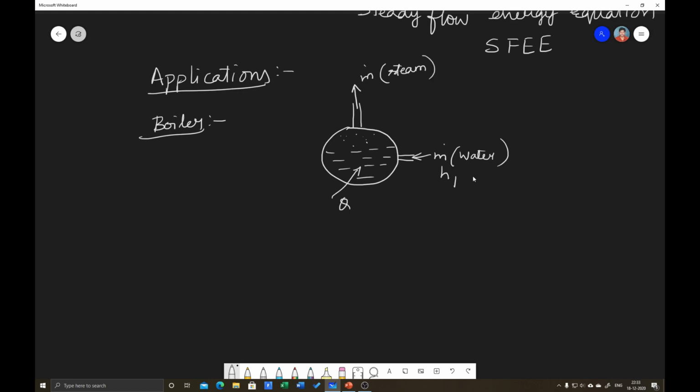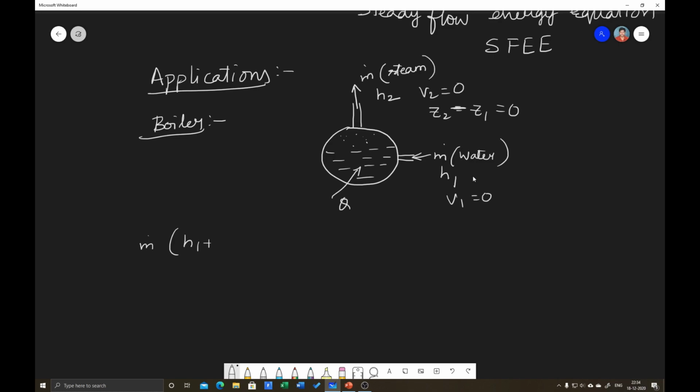The same flow rate will be there for both water and steam, and the enthalpy will increase due to increase in temperature. So if I apply this steady flow energy equation to this, there won't be any velocity at inlet and outlet, and also there is nothing much difference between z2 and z1.